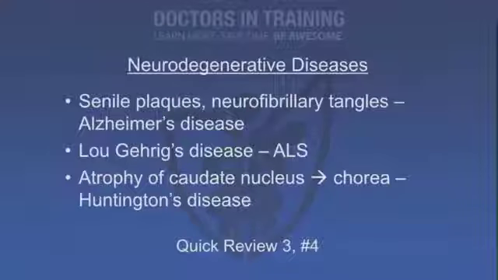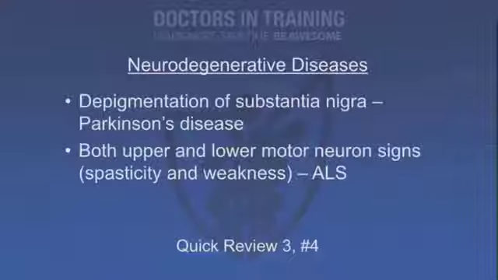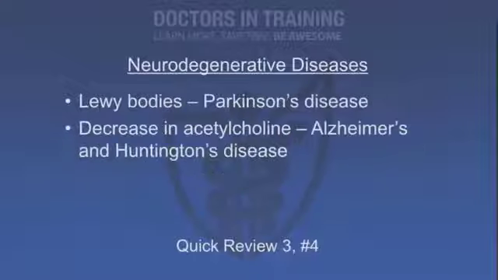In other countries, they may not call it Lou Gehrig's disease, they'll probably know it more as ALS. Atrophy of caudate nucleus leading to chorea, that's going to be Huntington's disease. Depigmentation of substantia nigra, that's Parkinson's disease. Both upper and lower motor neuron signs, so spasticity and weakness, that's going to be ALS. Lewy bodies, that's going to be Parkinson's disease. And then decrease in acetylcholine, Alzheimer's disease, and Huntington's disease.